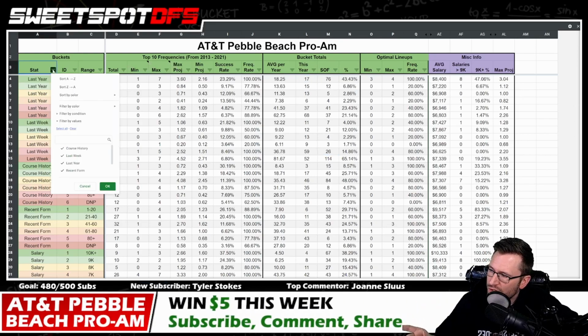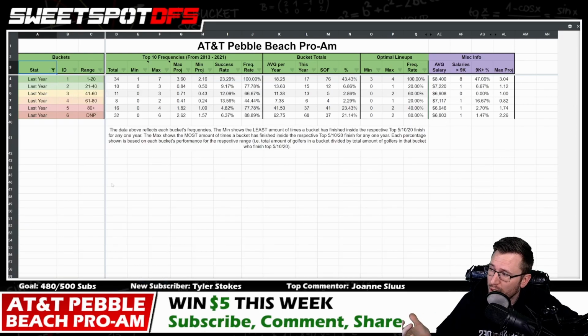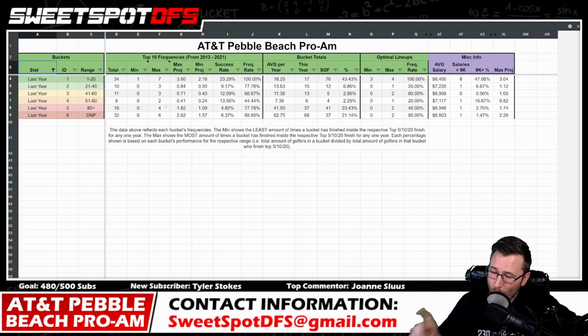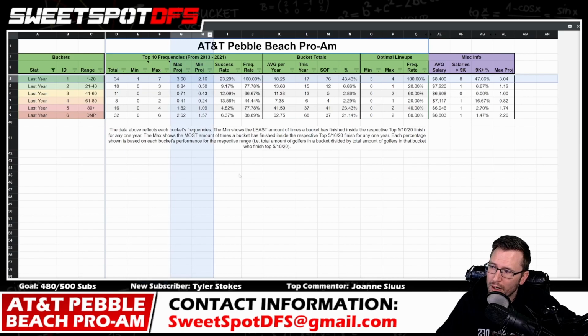I'm going to go ahead and filter this. You can also do this with me. Let's just look at the last year buckets. Now we're going to look at golfers from each of these buckets. I'm not going to spend a lot of time because we're almost at an hour. But when we look at the last year buckets, one very large thing that points out is that having a top 20 finish here the year before tends to be the most successful predictor of trying to find golfers inside the top 10.